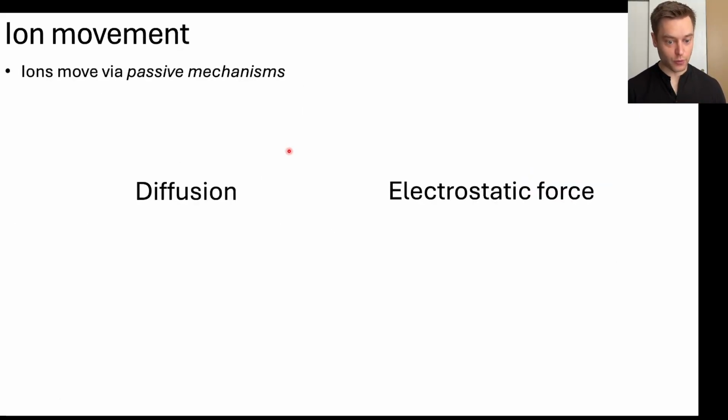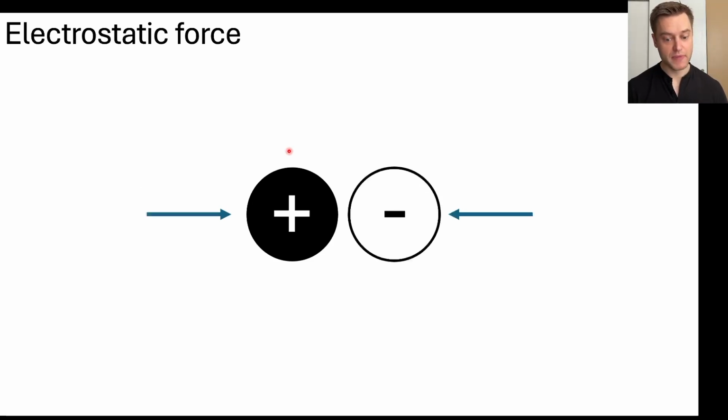The other force that we'll talk about is electrostatic force or electrostatic pressure. And this is something that I'm pretty confident we're all familiar with, which is that opposites attract. So if you have a sodium ion and a chloride ion, those are going to want to get closer together, right?